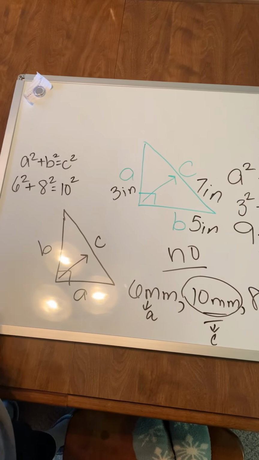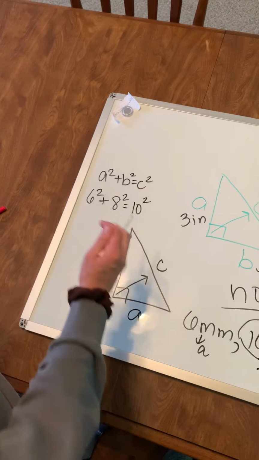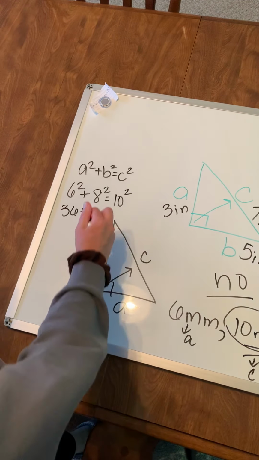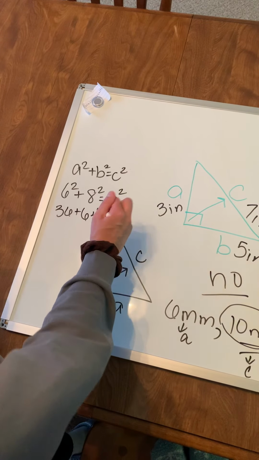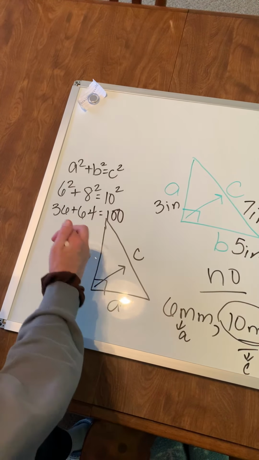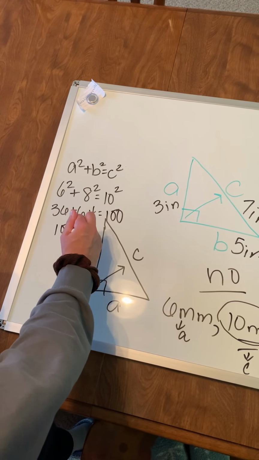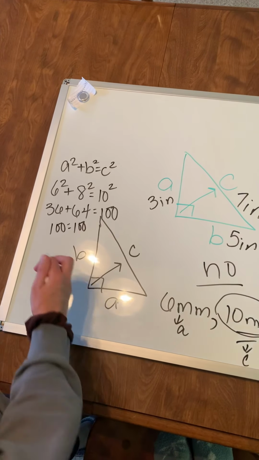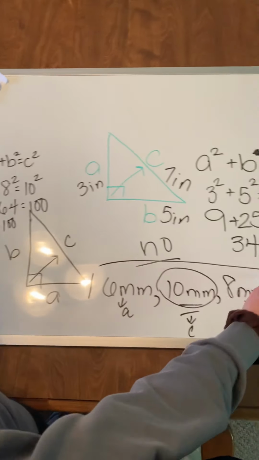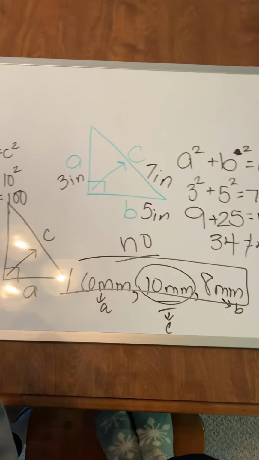You are allowed to use your calculator, so don't forget about that, okay? 6 squared, 36, 8 squared, 64, 10 squared, 100. 36 plus 64 is 100. So since 100 equals 100, the answer is yes. These three measurements form a right triangle.